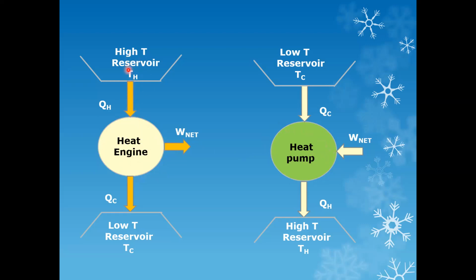It absorbs heat from a high temperature reservoir to do a net amount of work and then pumps the waste heat into a low temperature reservoir. But for a heat pump, which is the current topic, net work is used to absorb heat from a low temperature reservoir and then dump the excess heat to a high temperature reservoir.